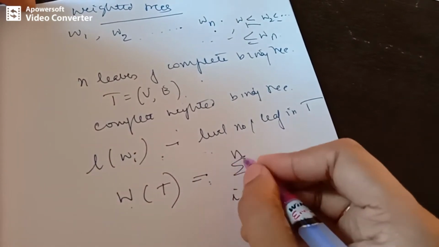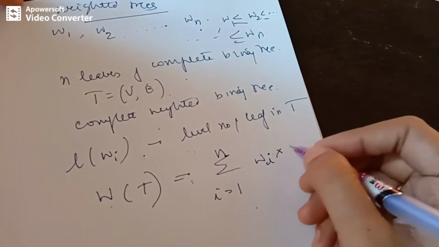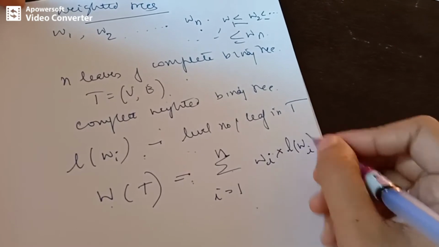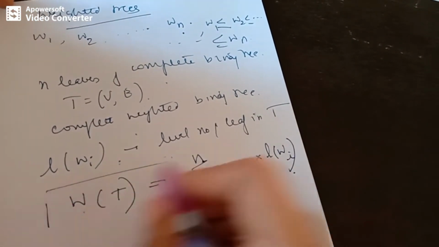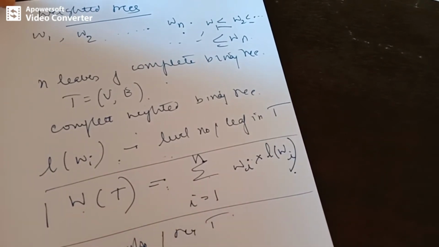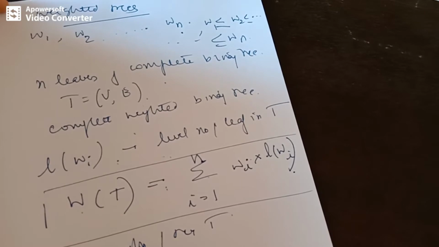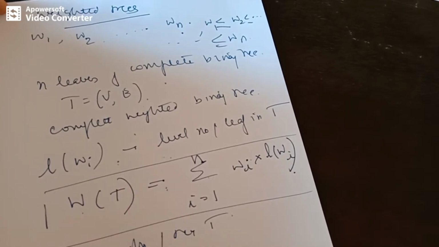We take the weight for that particular leaf multiplied by the level number for that particular weight. So this formula represents the weight of a tree. I'll give you an example as to how we can find the weight of a tree. Let's say this is the tree now. This shows a tree with their weights.